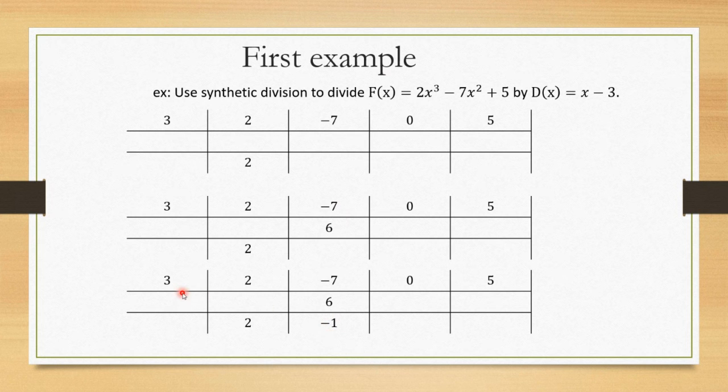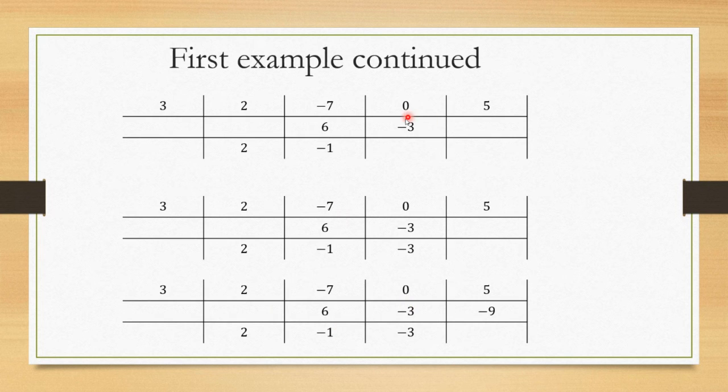Now you repeat the process. 3 times -1, that's -3. That goes here, as illustrated. Then you have 0 plus -3, that's just -3, so that goes here. It's a pattern, as you can see. Now we repeat the process.